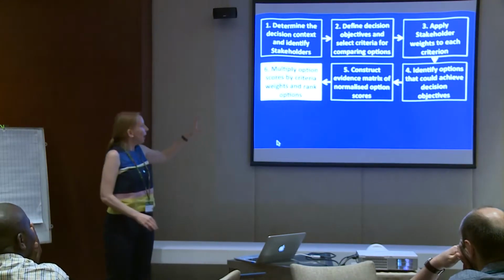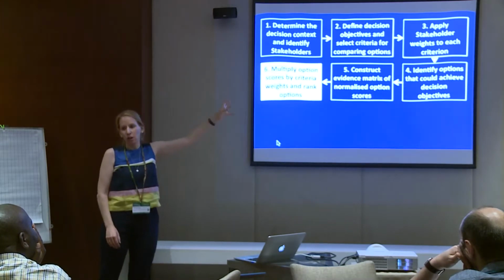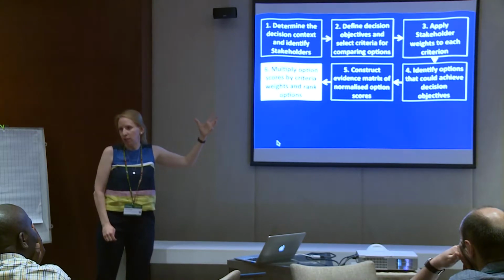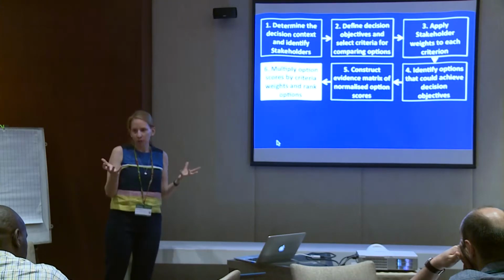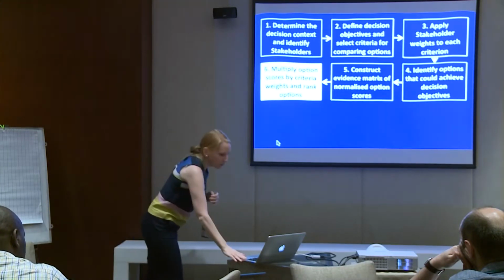So then you multiply each of those scores by how much stakeholders have weighted that particular criteria. So it's very simple mathematics at this point, and it spits out a number, and that number is used to rank all of the options.